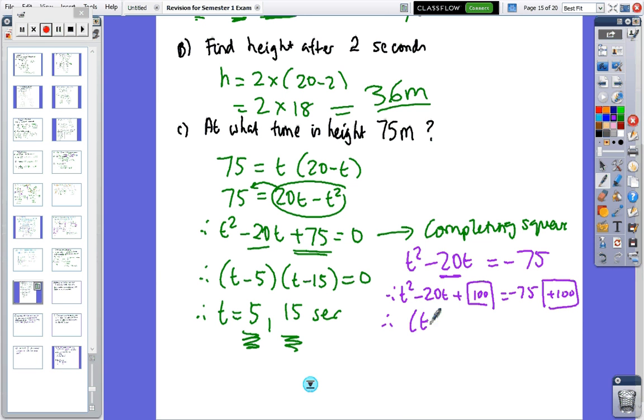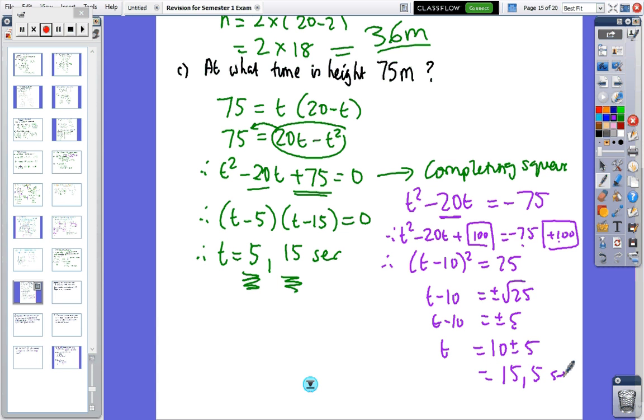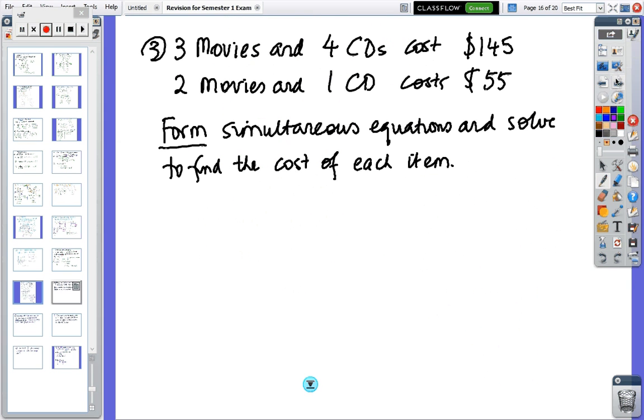So the bracket is t minus 10 squared. That equals 25. So t minus 10 equals plus or minus the square root of 25, which is plus or minus 5. So the answer is 10 plus or minus 5, which is the 15 and 5 again. Okay. Moving on.